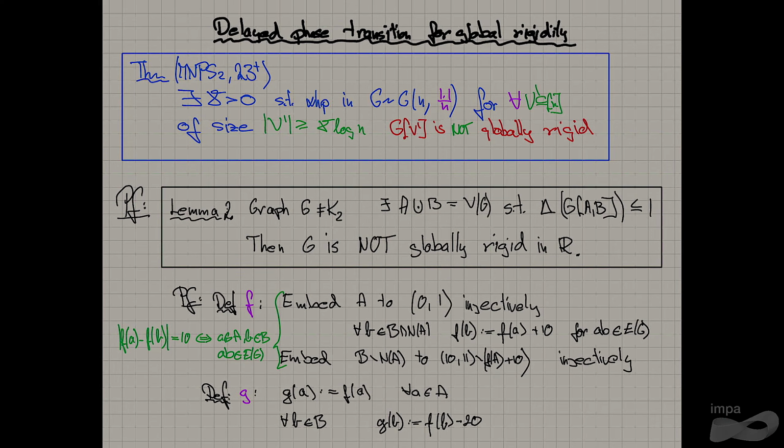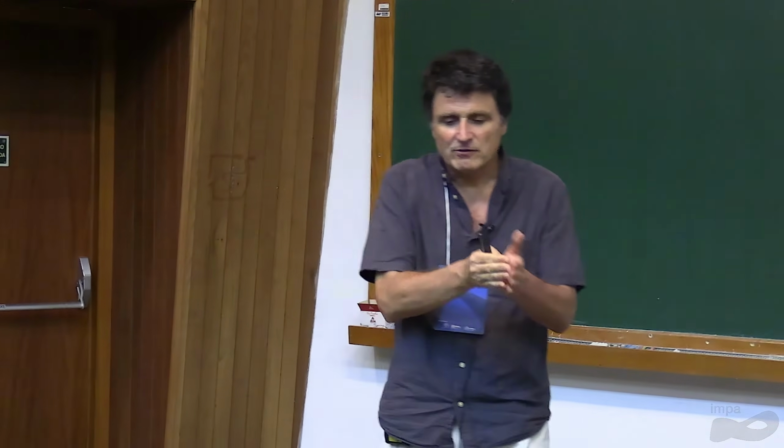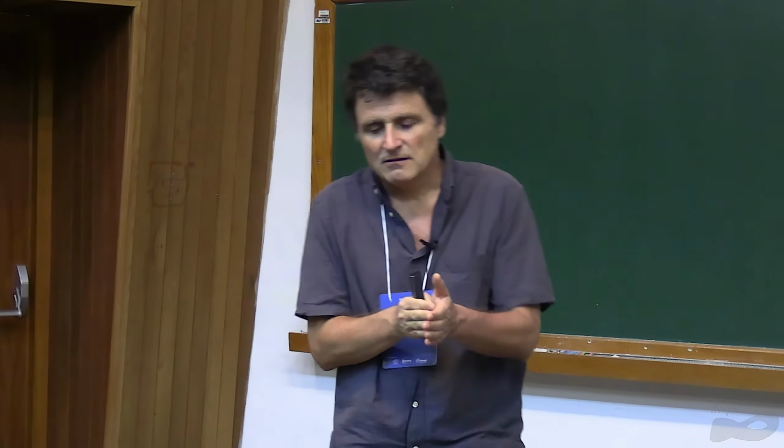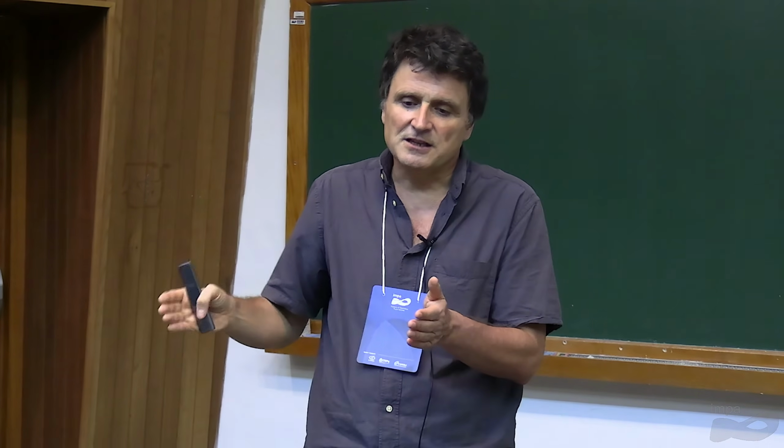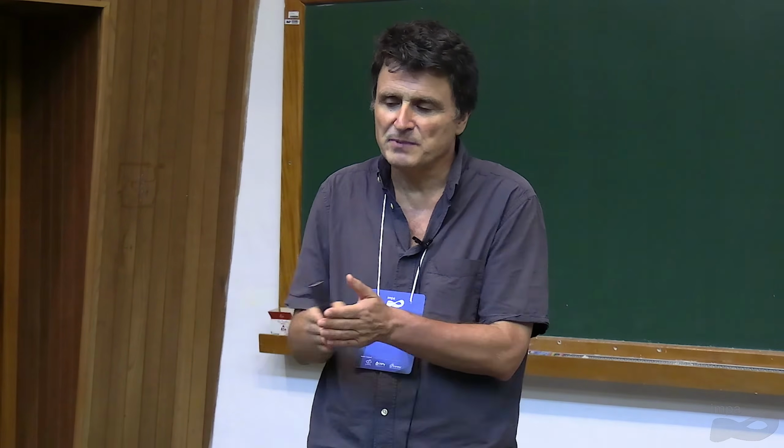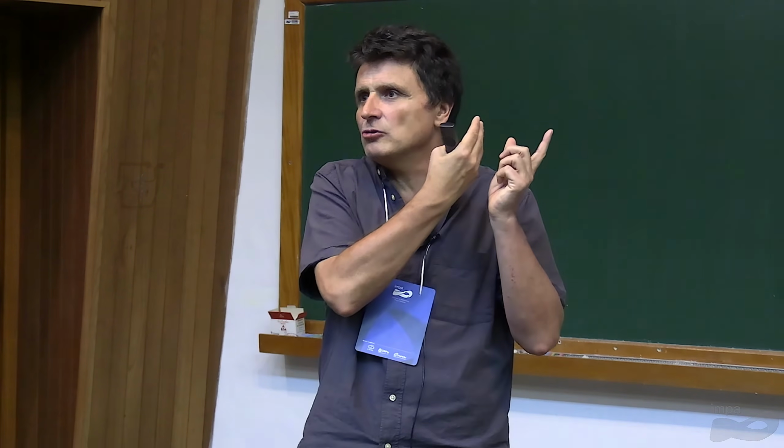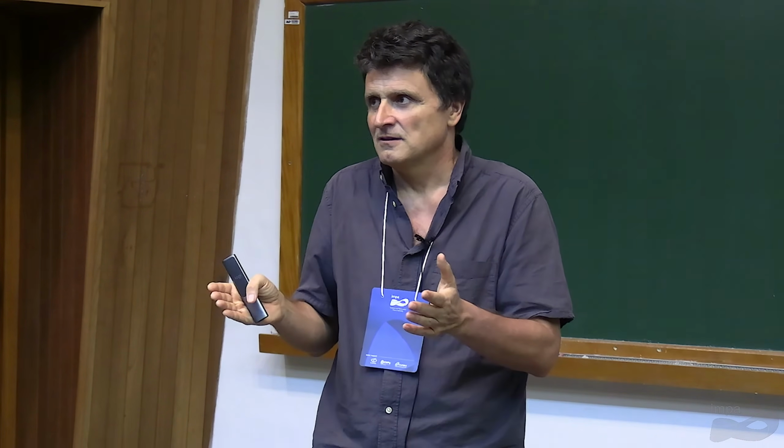I think this is very good because so far, in the previous theorems, for random graphs, generic rigidity in R^d and injective rigidity in R^d were behaving the same way. This is showing that there is a difference.